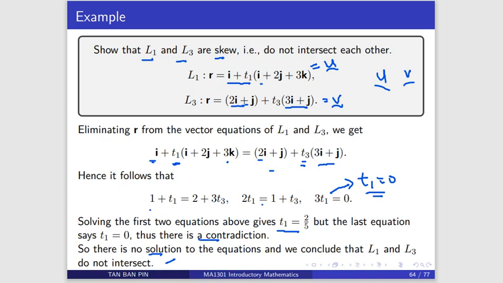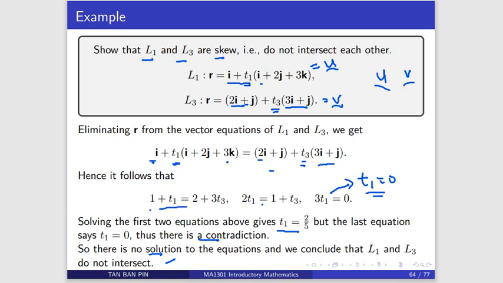You have to remember when you look at the intersection of lines, because you have i, j, k, three components, it means you have three equations, but there are only two unknowns coming from the parameters of L1 and L3. So three equations, two unknowns.